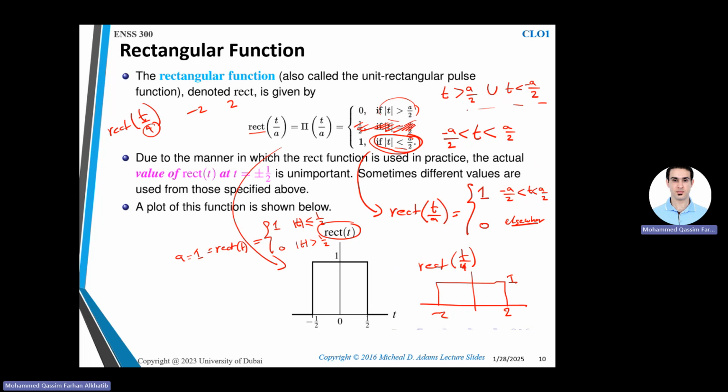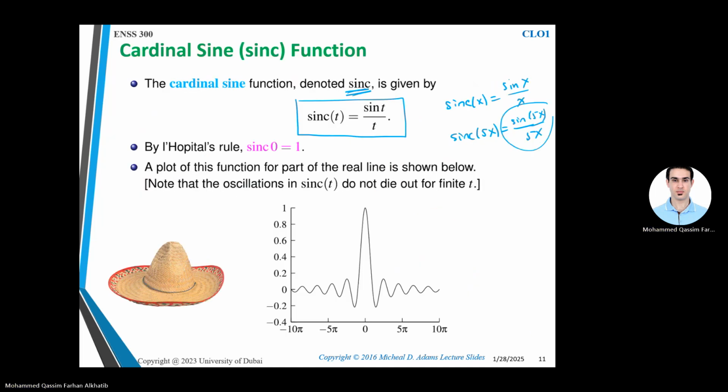We'll see that later. There is the cardinal sine or the sinc function, or what we call the Mexican hat function. And you know another name for this one? Sombrero. Have you heard of the word sombrero? No? The Mexican hat. There you go.